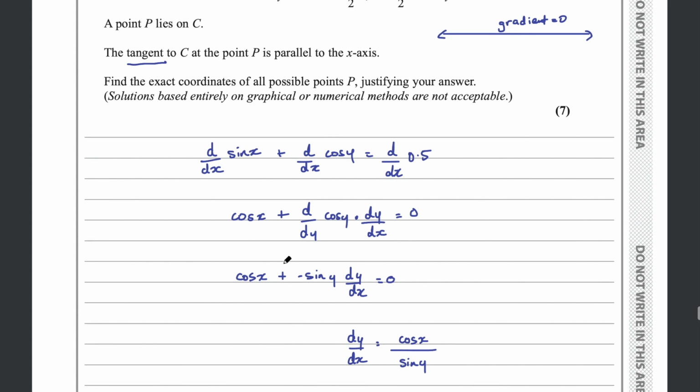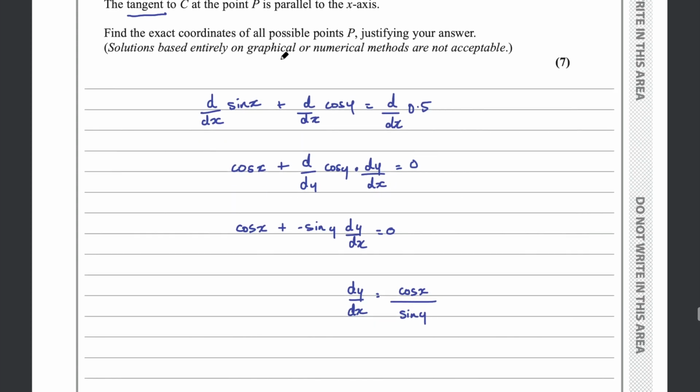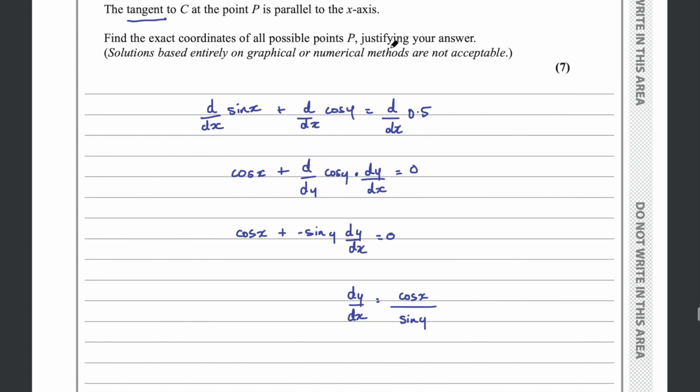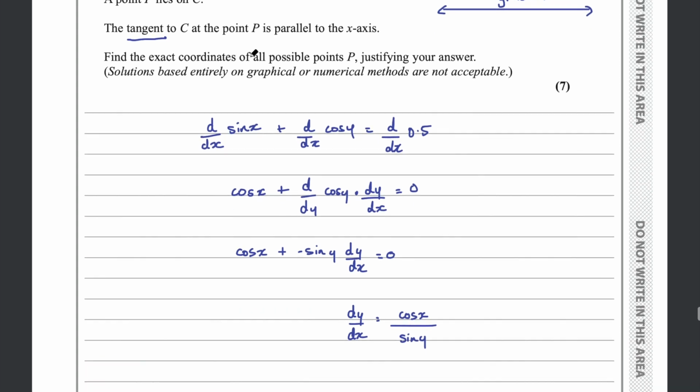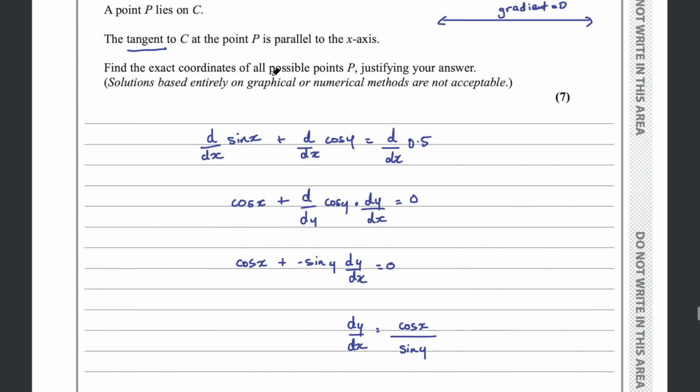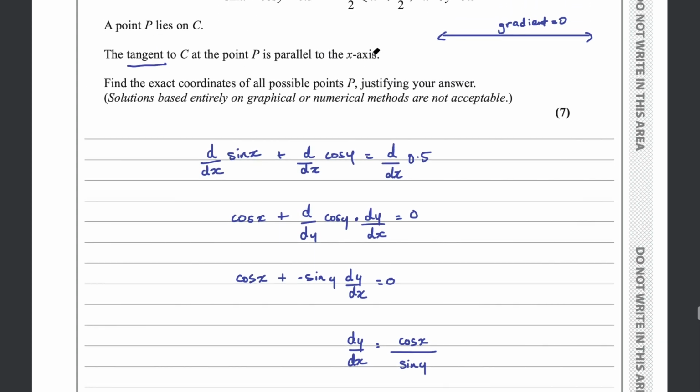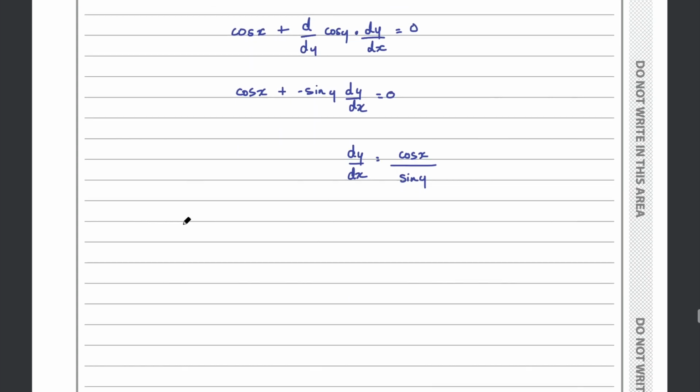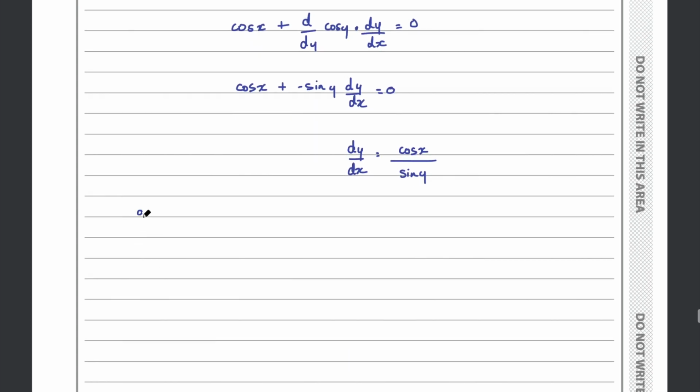Okay, and then we're looking for the coordinates of all possible points P. So remember we said that when the tangent is parallel to the x-axis, the gradient of the tangent will be 0.